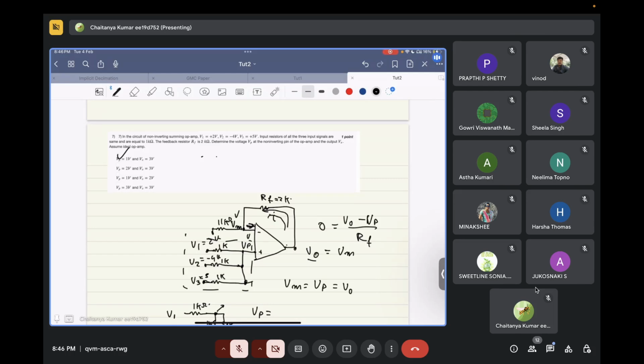If you want some question that can be discussed in the next session. In this session, I cannot, as the deadline has not come for the assignment, right? So I cannot discuss the assignment right now. But in the next session, when the assignment is submitted, then you can ask for some particular question and we can solve that in this tutorial as well.